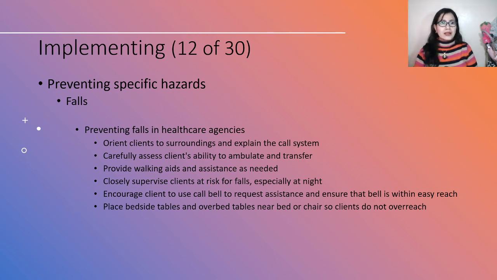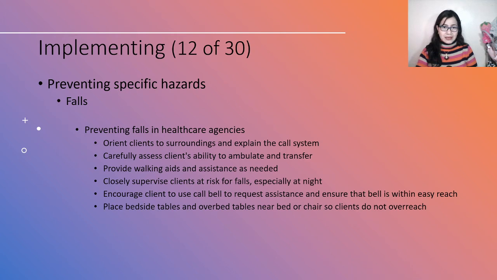In healthcare agencies, you must orient the client to the surroundings and explain the call system. Carefully assess the client's ability to ambulate and transfer. Provide walking aids such as a crutch, and assist the client as needed.